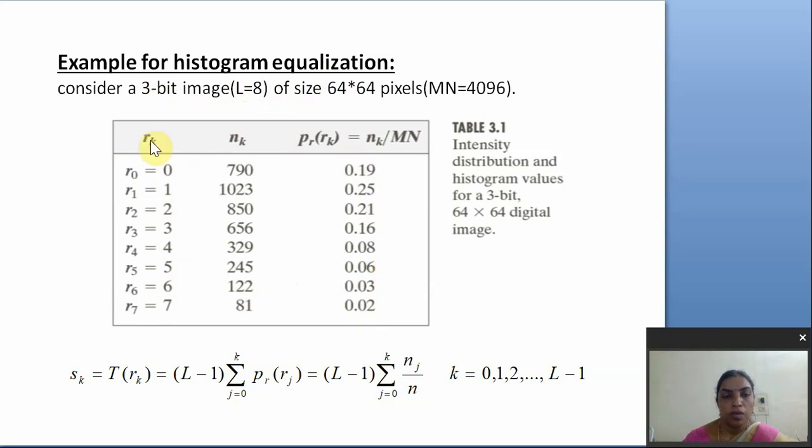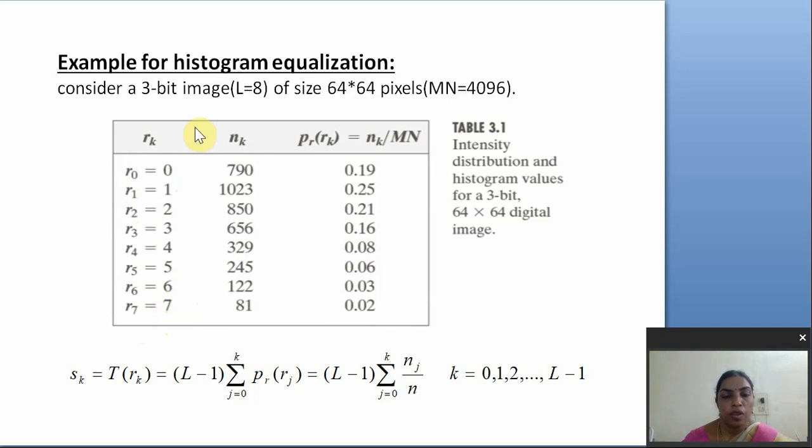First we observe the first column, r_k. r_k is the gray levels, where k is 0 to L minus 1. Here L is 8, so k is 0 to 7. So r0, r1, r2, r3, r4, r5, r6, r7 are the gray levels for this image, and r0 is 0, r1 is 1 and so on, r7 is 7.